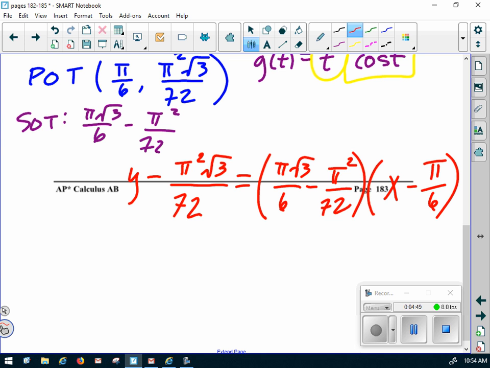Why did I put that m in parentheses? That's right, because that slope has two terms, and we got to remember to multiply the whole thing.